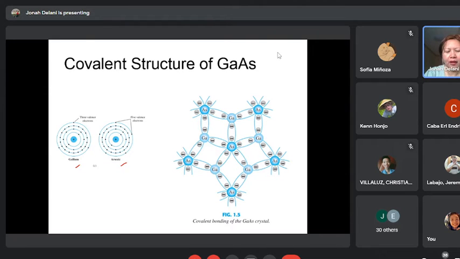When these atoms are together, it is called gallium arsenide, and they are also bonded using covalent bonding. This one has 5, and this one has 3. Individually they are not semiconductors, but they can act like a semiconductor when they are together.